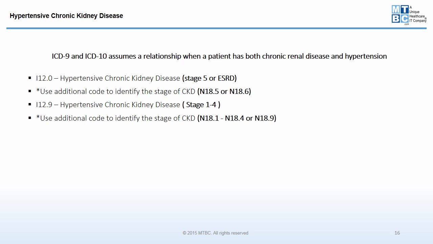But either way, we do have to know the stage of the chronic kidney disease because we need to use that as a second code. All this code is saying is the patient has hypertensive chronic kidney disease. It's not telling you the exact stage, and we need to know that.